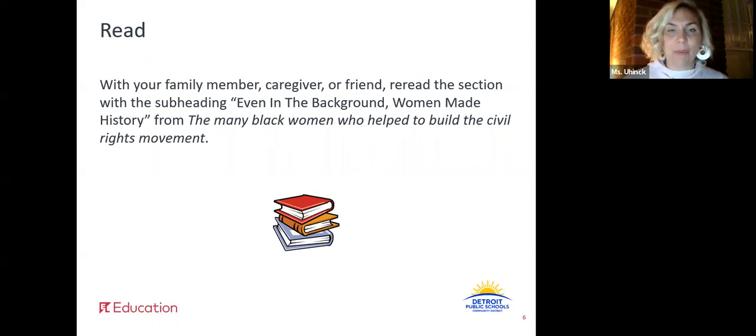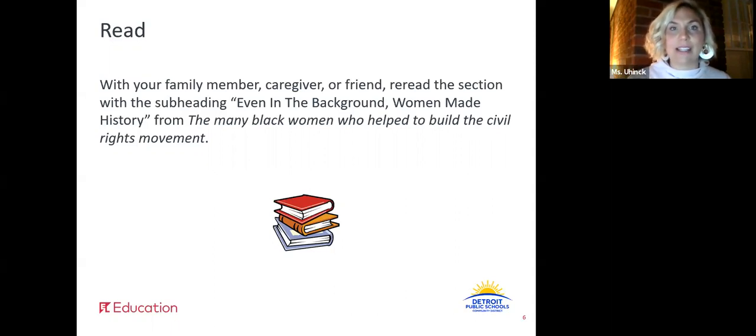So let me help you out with where it is. That subheading, Even in the Background, Women Made History, is actually at the bottom of the first page. So just the subheading is at the bottom of the first page, and the actual section starts at the top of the second page. So that might be a little confusing.